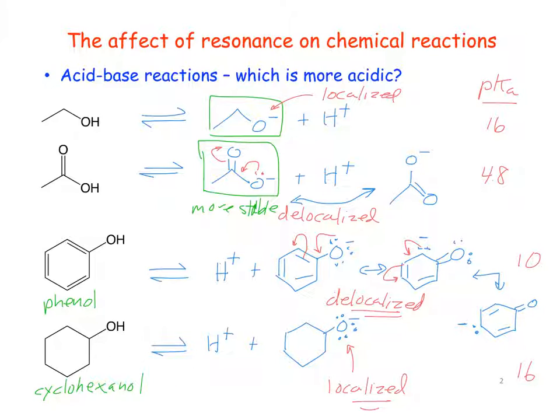What we would like to have is more equivalent resonance structures, and if those resonance structures place the minus charge on more electronegative atoms, that's even more stable. So here we have two equal resonance forms. Both of them have the minus charge on oxygen, so that makes this anion very stable. This one has more individual resonance forms, but many of them have the minus charge on carbon, which isn't quite as stable.